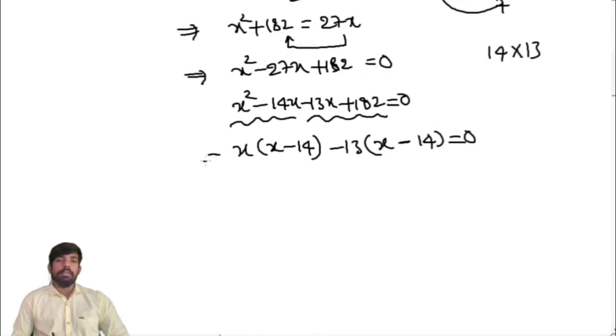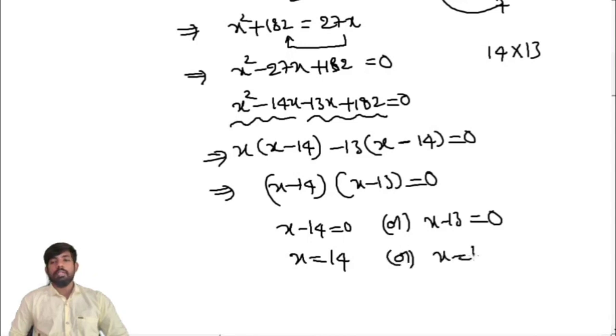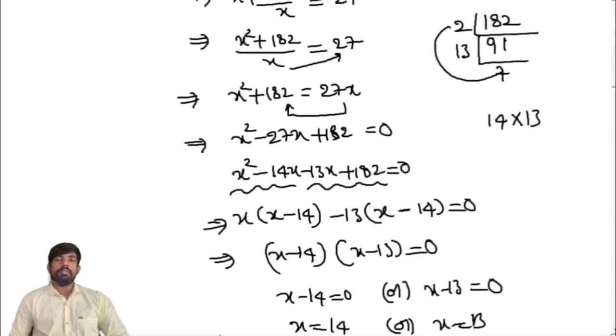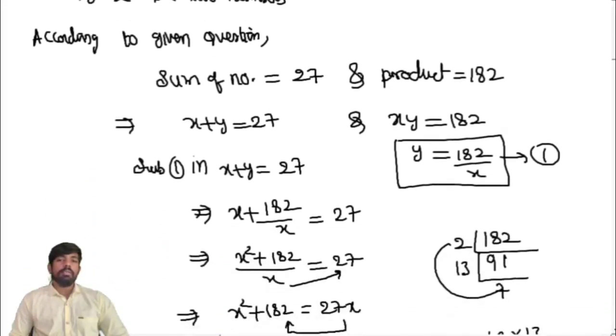So here x minus 14 we have same, take common, and x minus 13 remains, equal to 0. So from here x minus 14 is equal to 0, or x minus 13 equal to 0, x is equal to 14, or x is equal to 13.